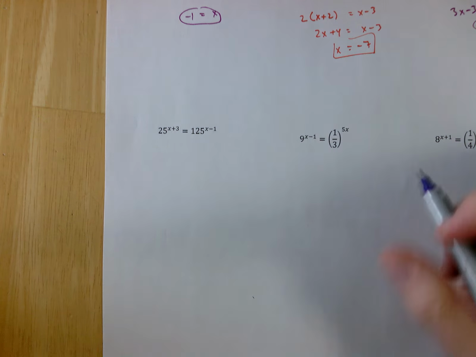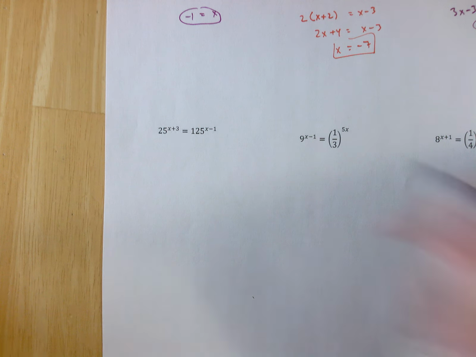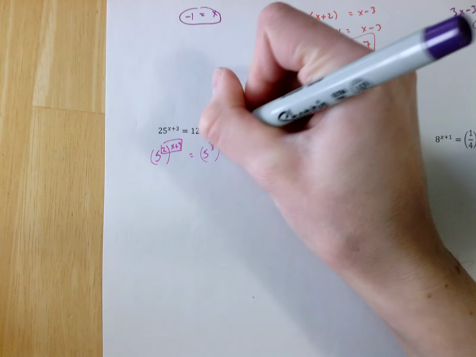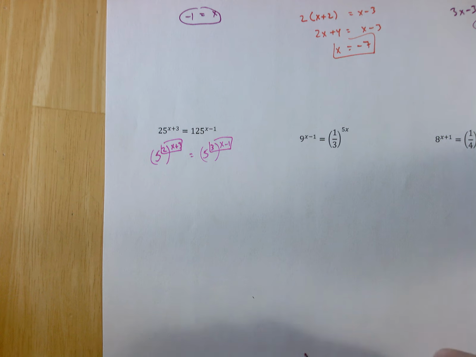All right, this guy, 25 and 125, those are both powers of 5. So this one I can write as 5 squared to the x plus 3. And this one I can write as 5 to the third to the x minus 1. And again, the reason we can do this is that there's a property of exponents that says that when your powers are raised to powers, you can multiply those together.